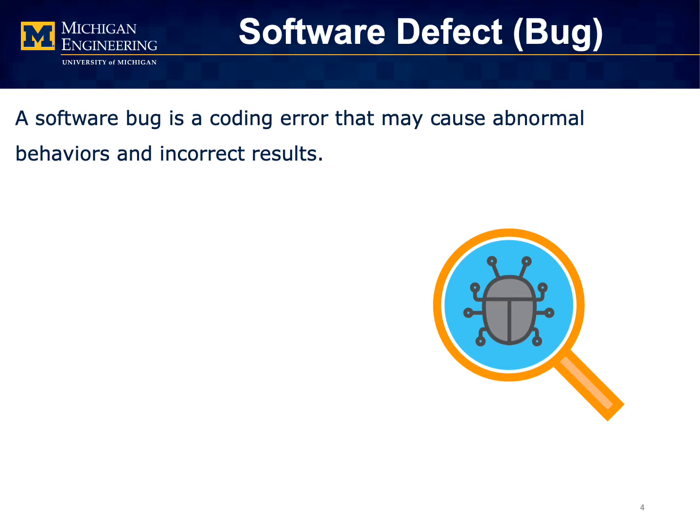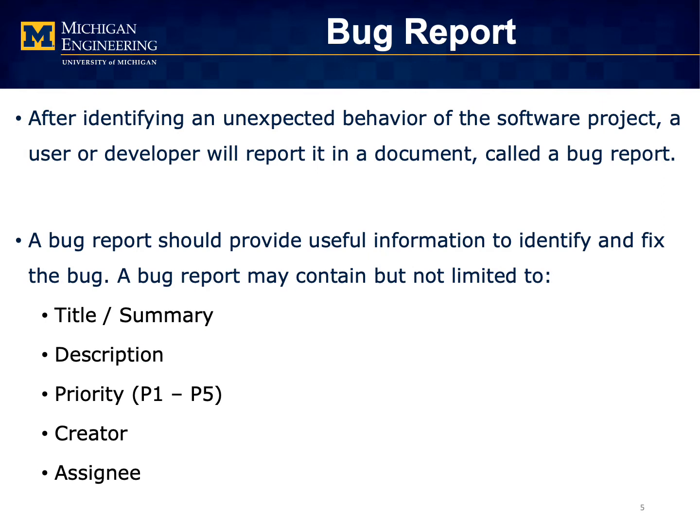Let me start by defining some common terms in software engineering. A software bug or defect, as we all know, is a coding error that might cause abnormal behavior and incorrect results in the software. After identifying unexpected behavior of the software project, a user, developer, or QA analyst will report on this bug or defect in a document, and that's what we call a bug report.